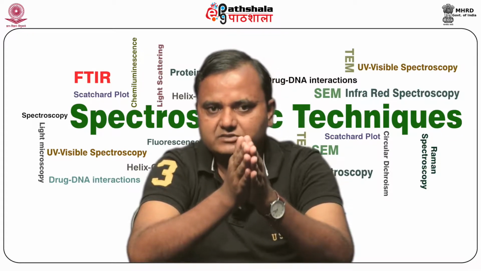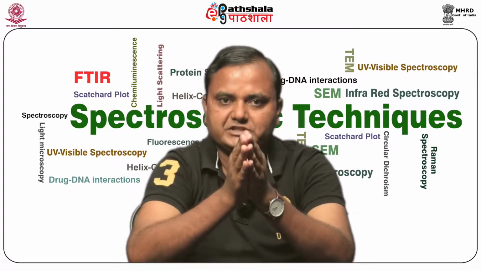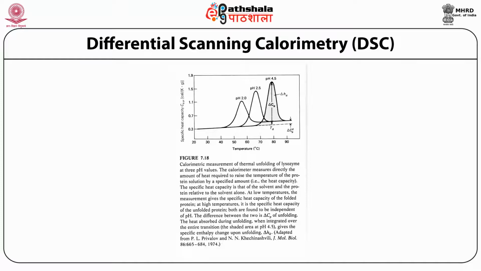So delta G 0 means that the reaction is at equilibrium. You can see here how differential scanning calorimetry is used to estimate the delta G value, and here you can see the delta Cp value is measured as the area under the curve.